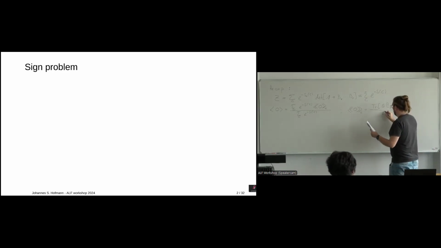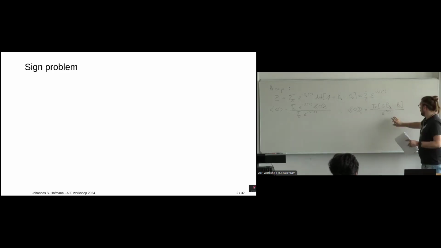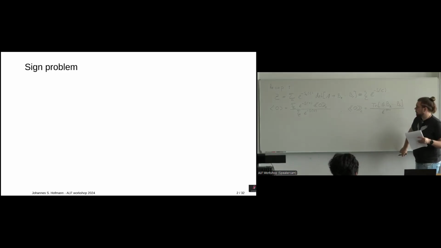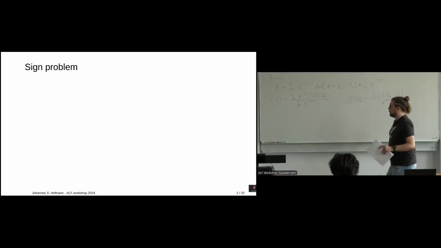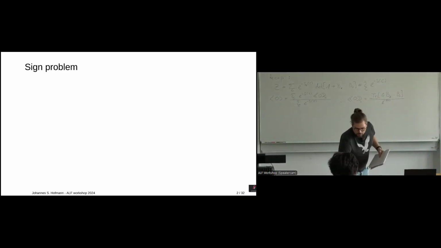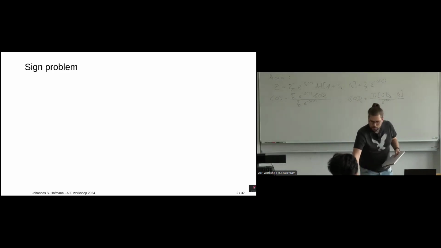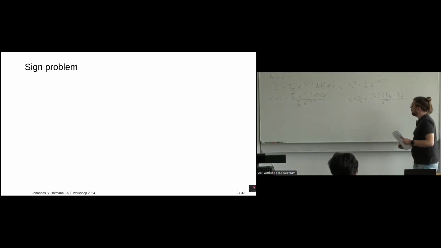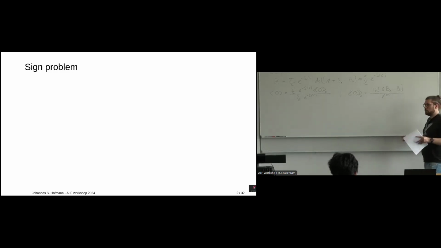And this is divided by e to the minus S_C. This division will become important during one of the pitfalls that can occur if you look at auxiliary field Monte Carlo simulations. And I think this is actually something that might occur in many Monte Carlo methods.